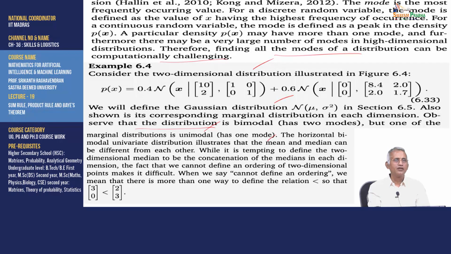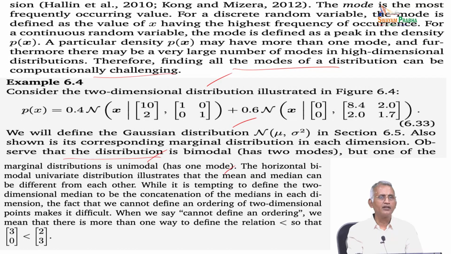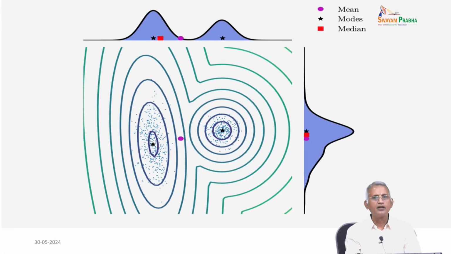When we say we cannot define an ordering, we mean that there is more than one way to define a relation less than, so that (0, 3) is less than (2, 3). So, this is the explanation of what we just described, the Gaussian distribution, where the rose color represents the mean, the star denotes the mode, and the square bracket in red color defines the median.